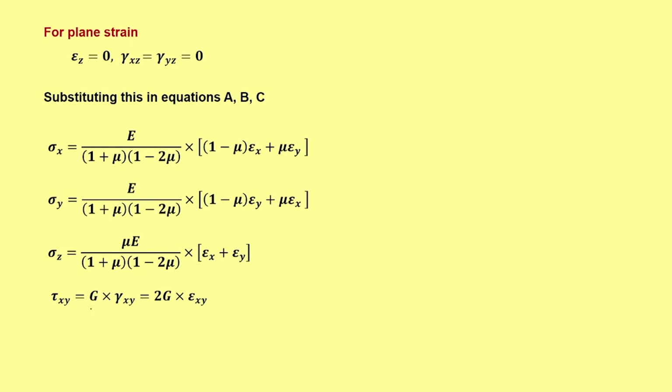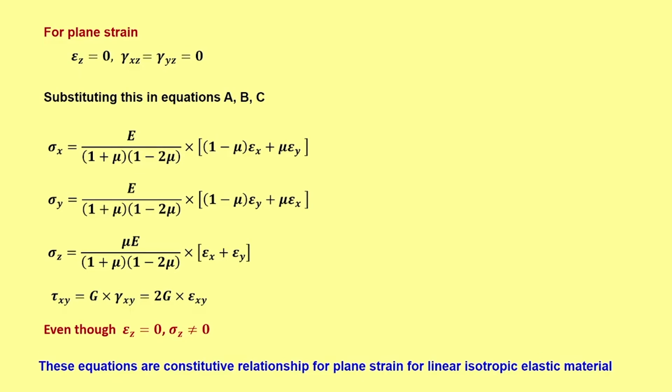Earlier we have written gamma x y is equal to tau x y by g, or it is 2 into g into epsilon x y. You are replacing gamma x y by 2 epsilon x y. Now, one important point is, even though epsilon z is equal to 0, sigma z is not equal to 0 for plane strain condition.